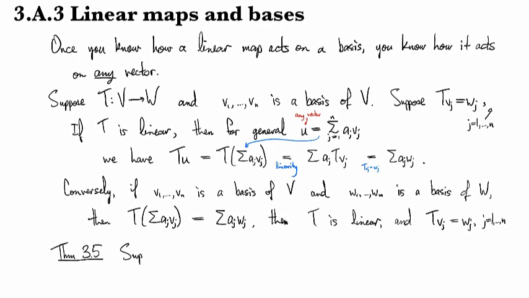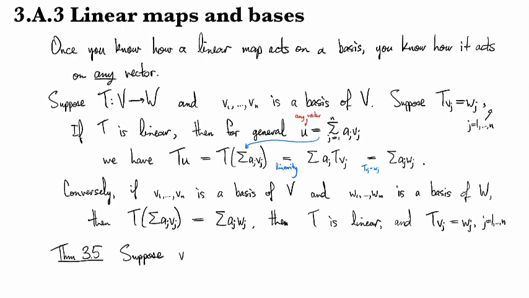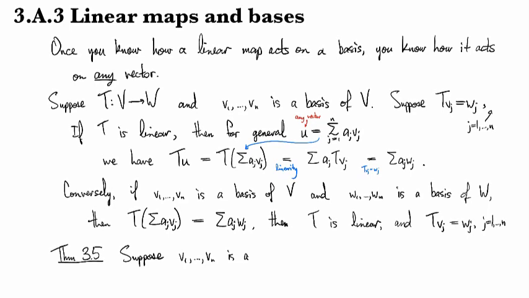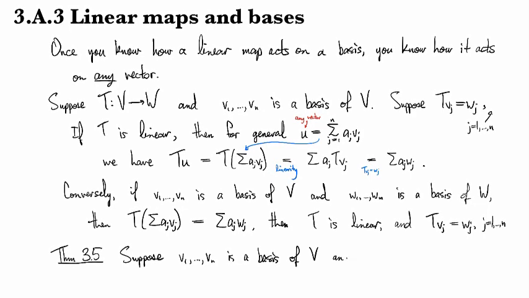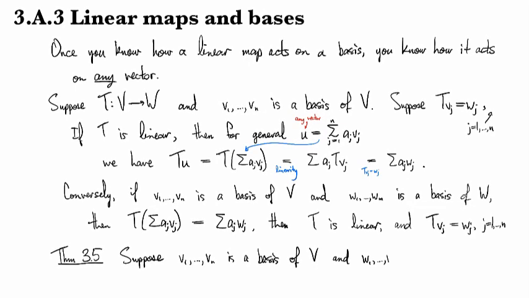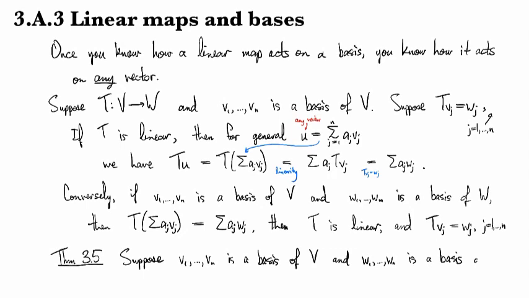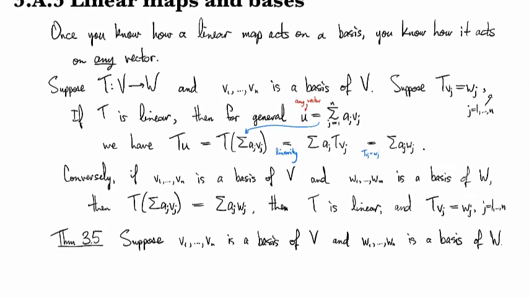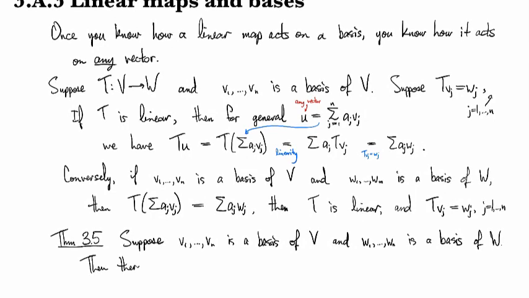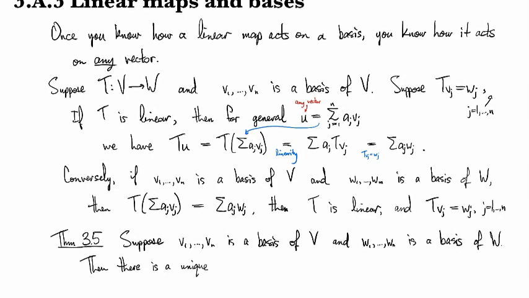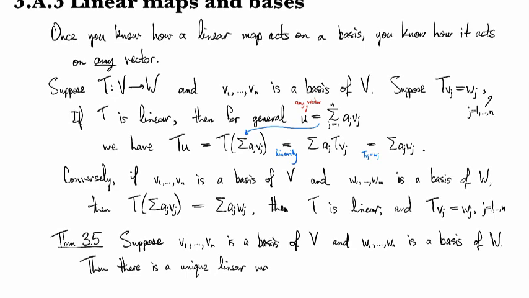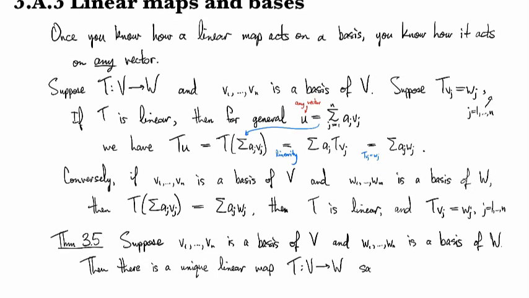So this says that suppose we have a basis of V and a basis of W. Then there's a unique linear map T from V to W that satisfies T of Vj equals Wj.